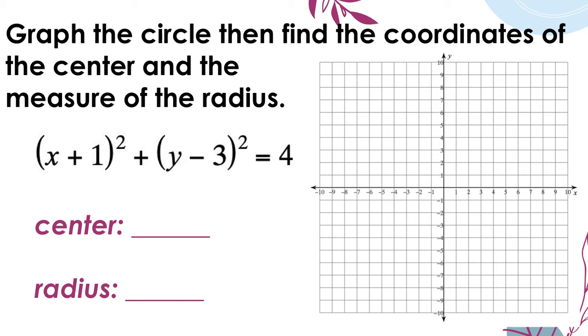So today, let's go ahead and take an equation, identify the center and the radius, and then graph that equation. So I know that this is where I find my h value, my k value, and my r. In order to find h and k, I'm going to flip the sign.